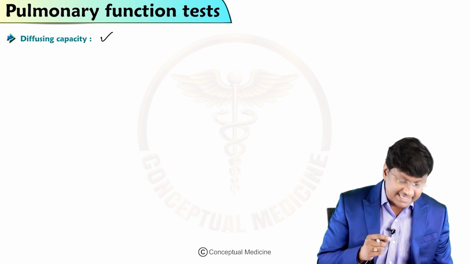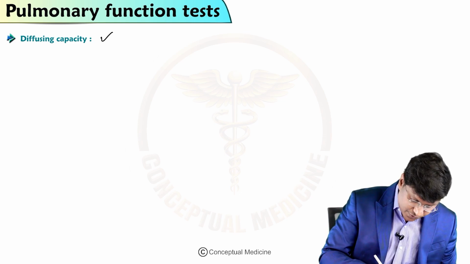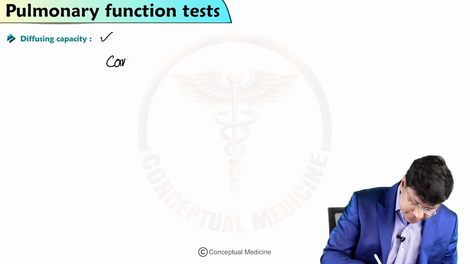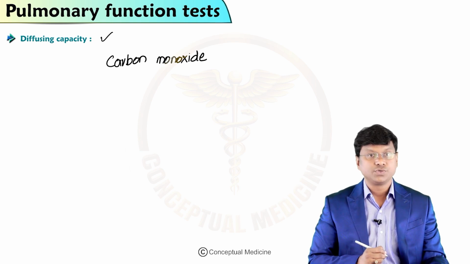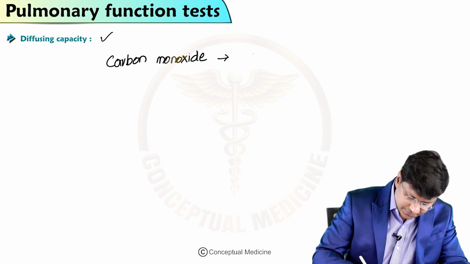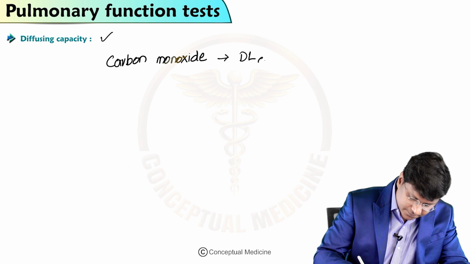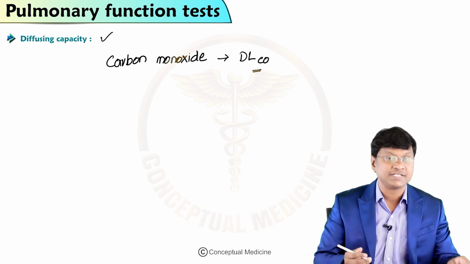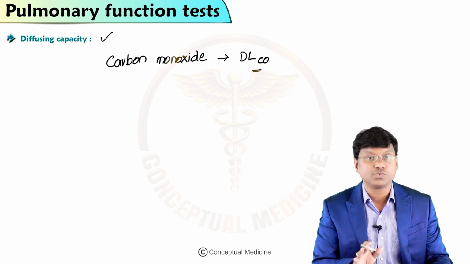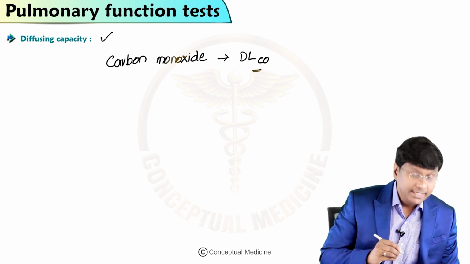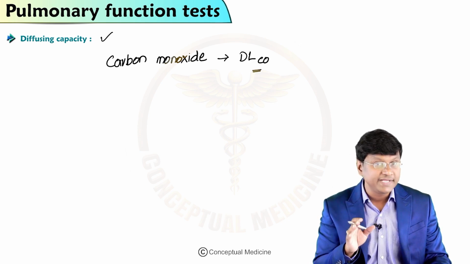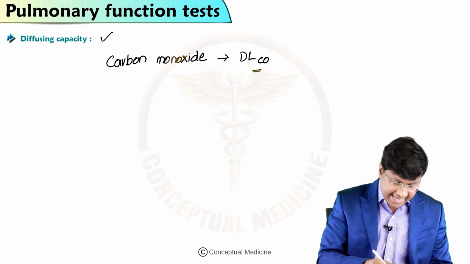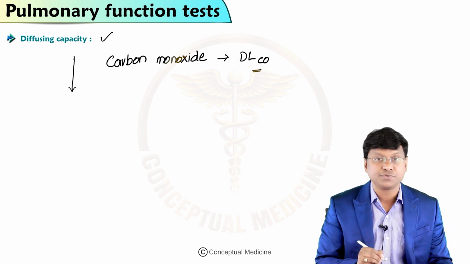For assessment of diffusion capacity, we use carbon monoxide. So, we call this DLCO, that is diffusion capacity of the lung for carbon monoxide. Now, diffusion capacity is part of a comprehensive series of tests. And what is the purpose of measuring this diffusion capacity?